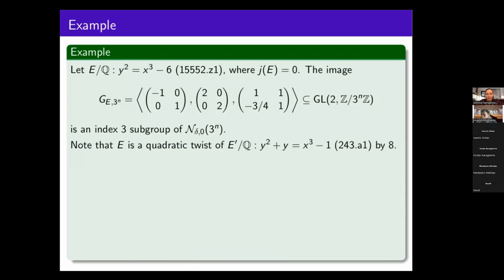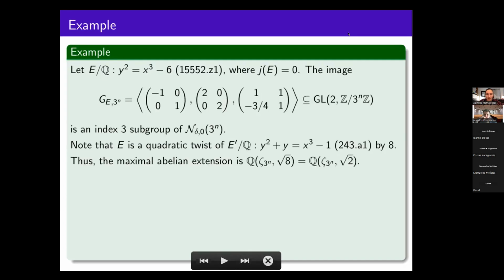So note that this curve E is a quadratic twist of the curve E prime, which is y squared plus y equals x cubed minus 1 over 8. So the maximal abelian extension is going to be the roots of unity, well, k, which is already contained in the roots of unity, and then the square root of alpha, which is what we're twisting by, in this case square root of 8, so the square root of 2.